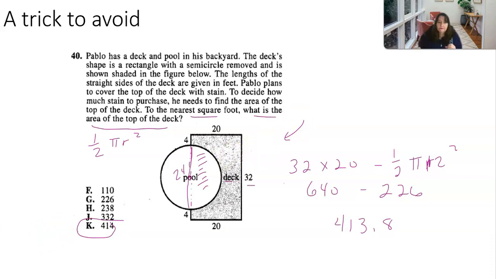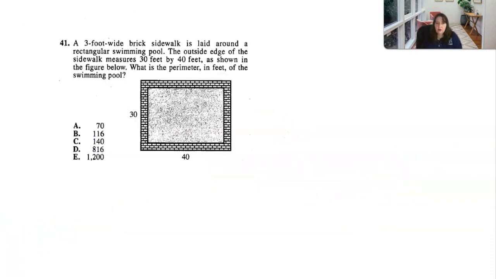And here's the next one I want to talk about, because I do have a picture here, and I do have some information, but I may not necessarily have all of my information. So let's take a look and see what I'm missing. I'm still going to go straight to what is the perimeter, even though I have a picture. That means I want to go all the way around.